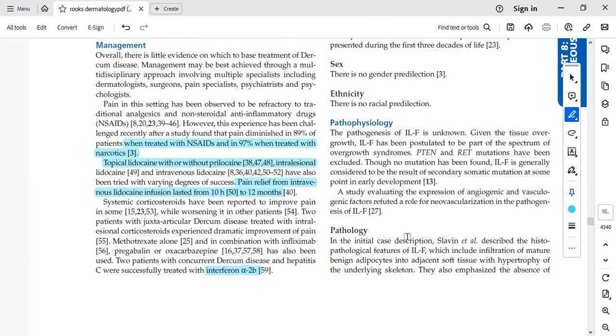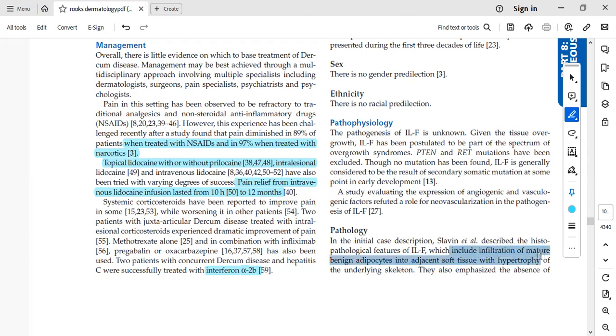Pathology: in the initial case description, Slavin et al. described the histopathological features of ILF, which include infiltration of mature benign adipocytes into adjacent soft tissue with hypertrophy of the underlying skeleton.